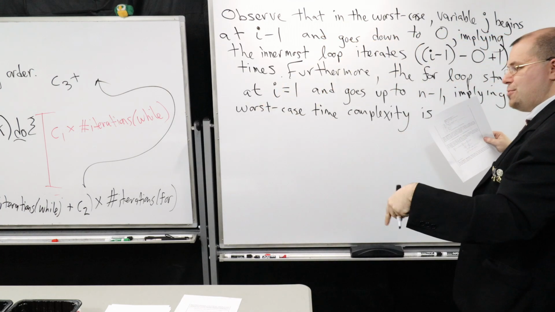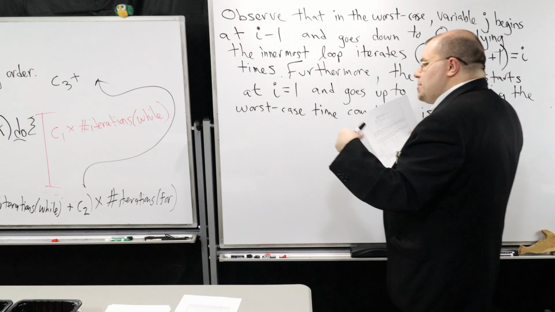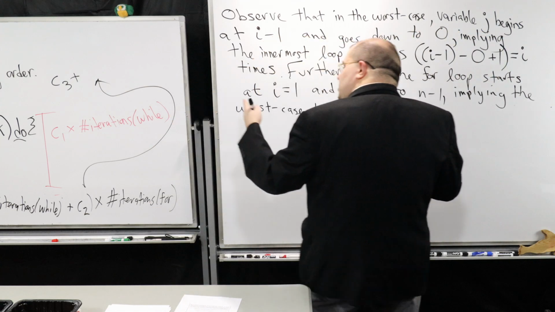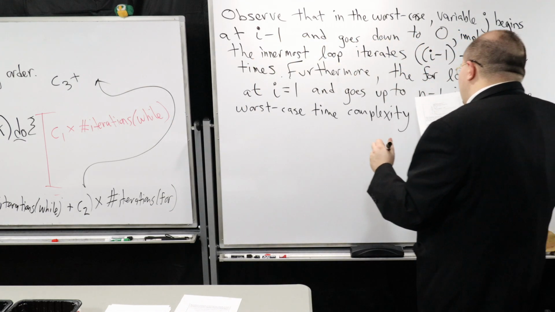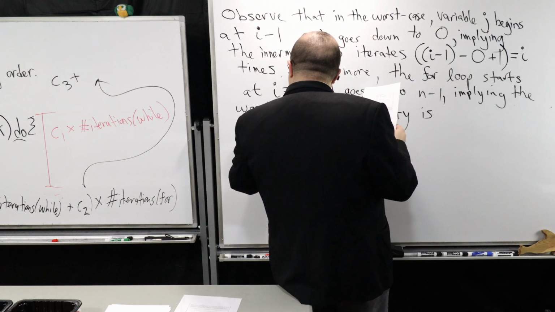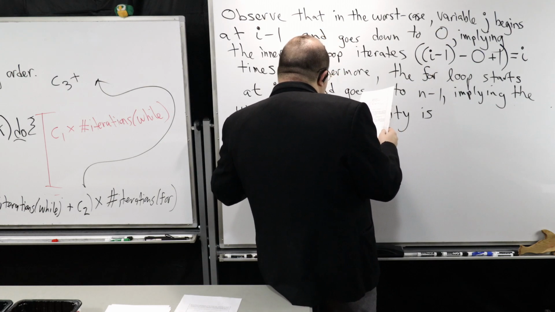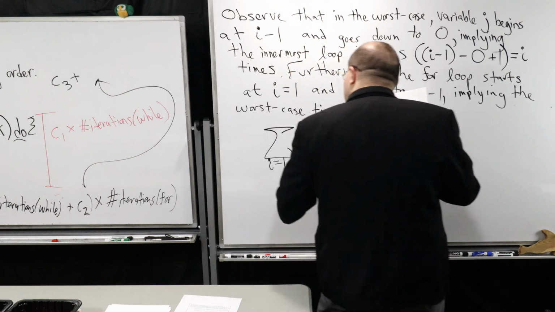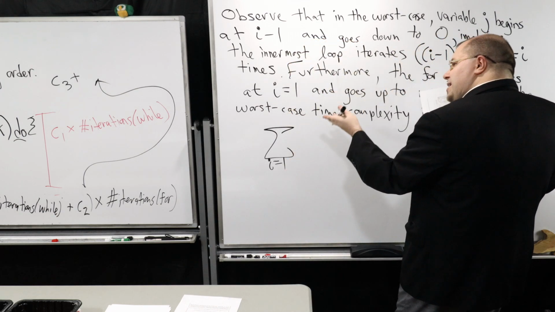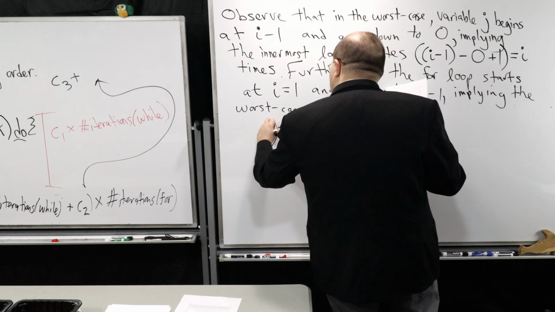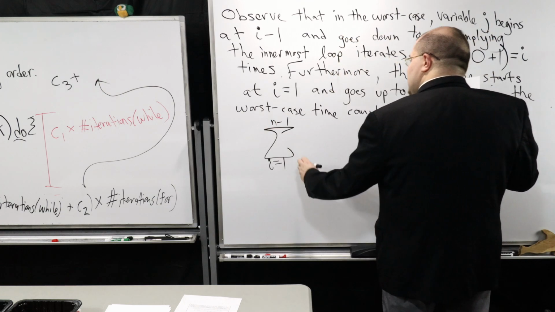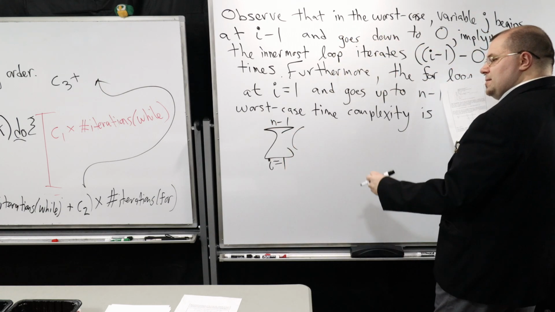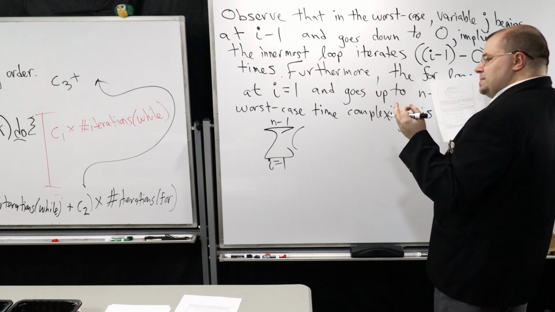So remember, I have a C1 and I have a C2. But remember, the C1 is multiplied by the number of iterations of the while loop. So remember, the outermost loop starts at 1. So I'm going to have a sum starting at I is equal to 1, and it goes up to n minus 1. And then what's going to happen?